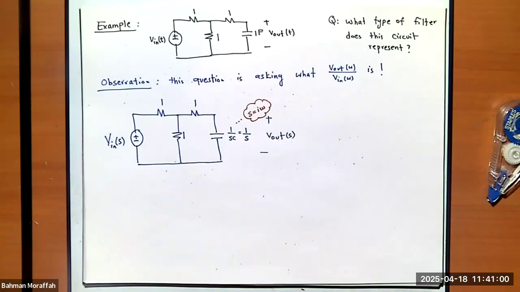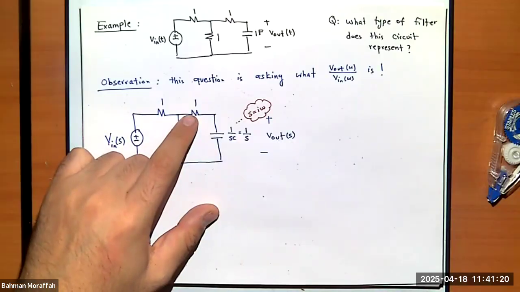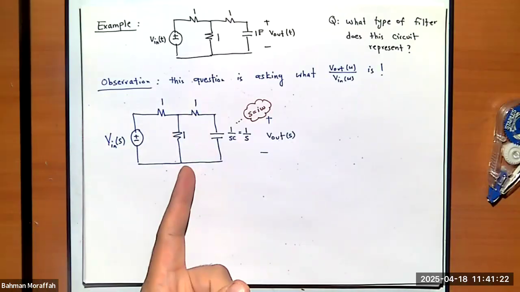How do we find this V out? Remember, as soon as I go from the time domain to the S domain, I can treat all the elements as a resistor, right? So I can combine these two, and the result of that combined with this one.